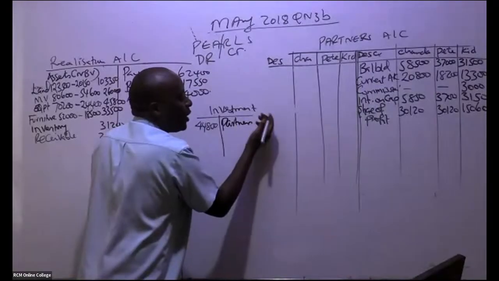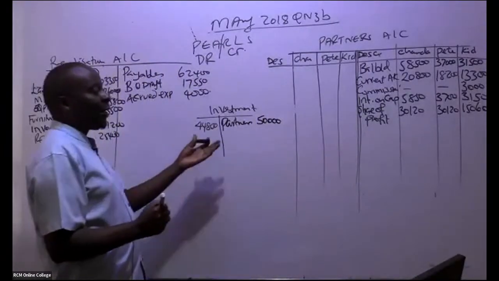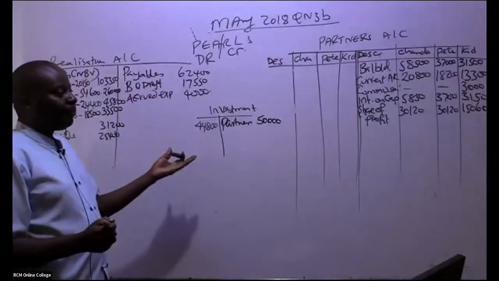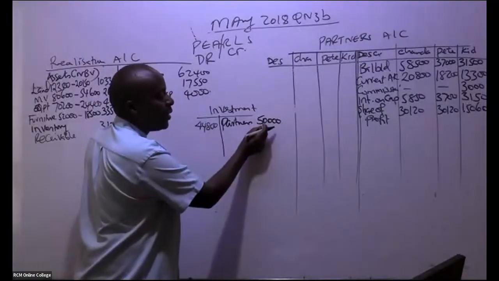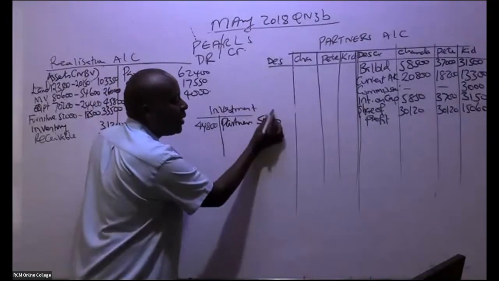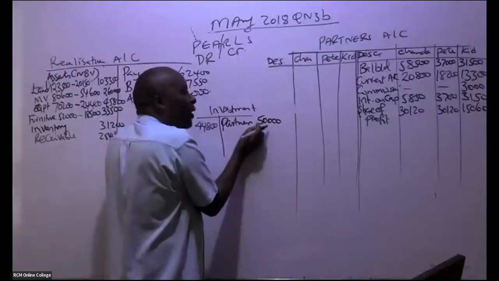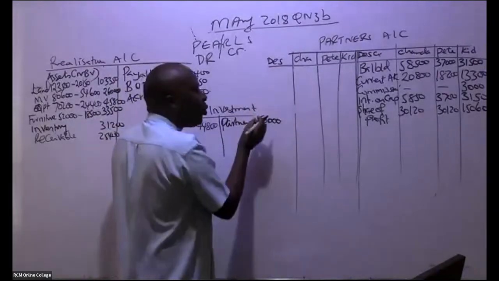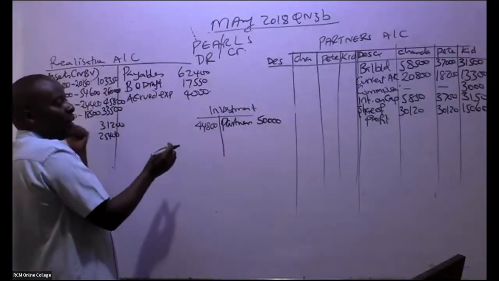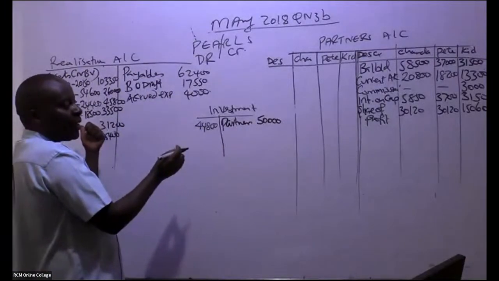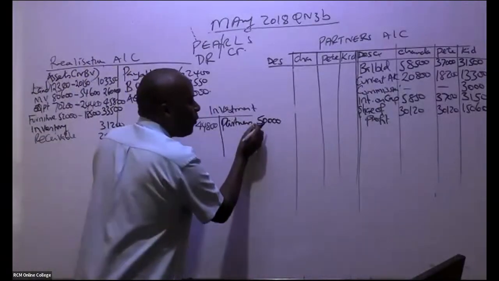But how much are we crediting? Remember the whole account is supposed to be 50,000 because the market value is 50,000. Remember, this is an asset that was taken by the partners. It wasn't taken by the new company. Assets going to the new company are the ones we realize here. So these partners took 50,000.